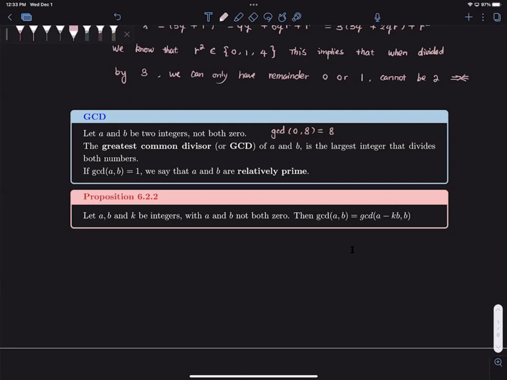Right, because 8 is a divisor for 0. Anything is a divisor for 0. So the biggest one here will be 8. Nice. If GCD of A, B is 1, we say that they're relatively prime.